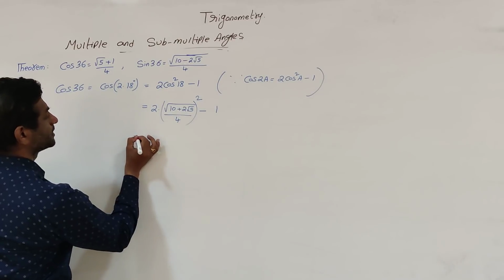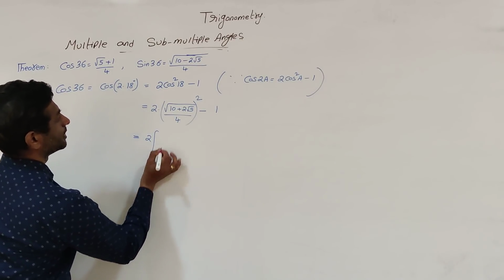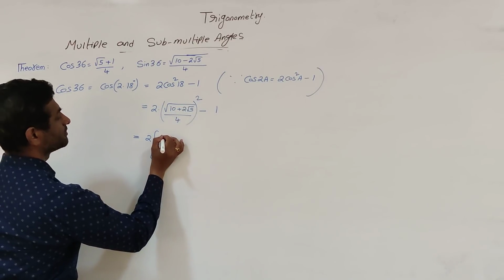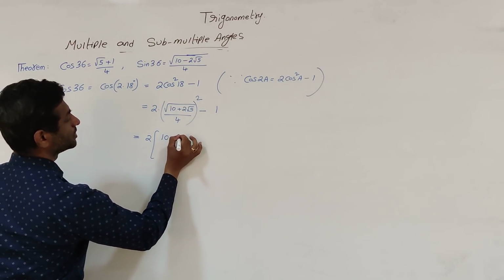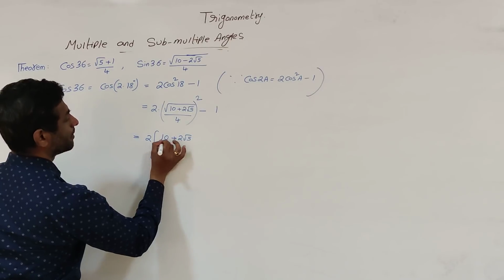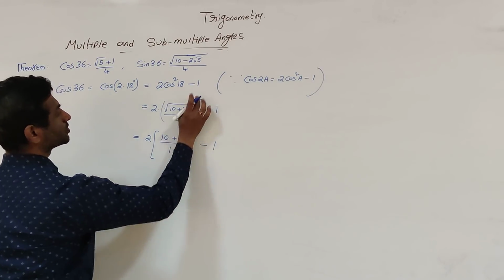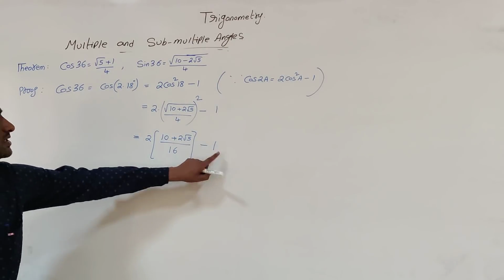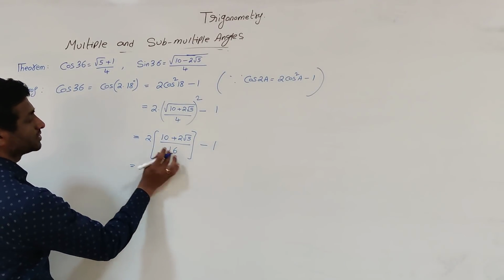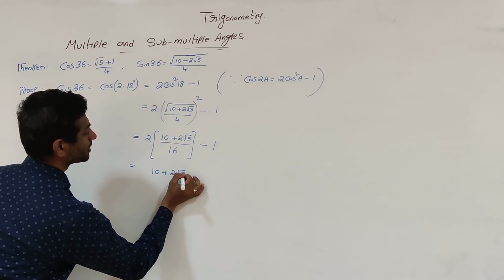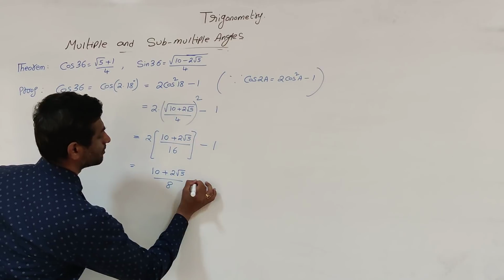That gives 2 times the under root of (10 plus 2 root 5) whole square, which is simply (10 plus 2 root 5) by 16, minus 1, because 4 square is 16 and minus 1 is as it is. 2 ones 2, 2 8s, so it will be (10 plus 2 root 5) by 8 minus 1.